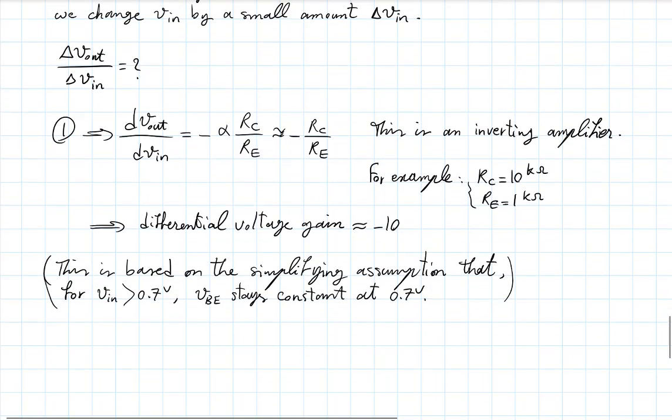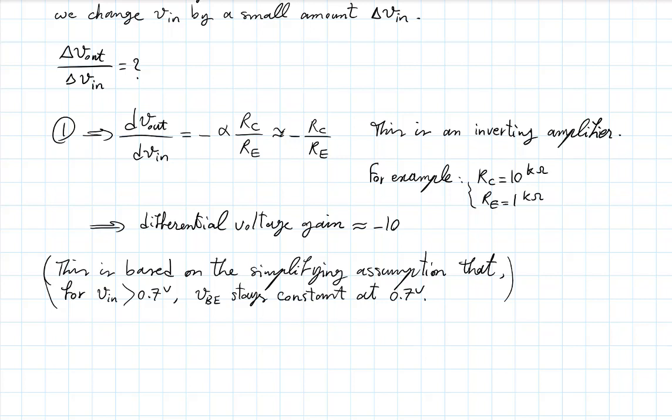If you try to do a more realistic scenario, then you would factor in a little bit of change in the diode voltage as you increase the input. And that would lead to a modification to this formula. But this captures the essence of operation. And this is maybe the first place where you are seeing great similarity between something that this transistor is doing compared to something that we saw with op amps before.